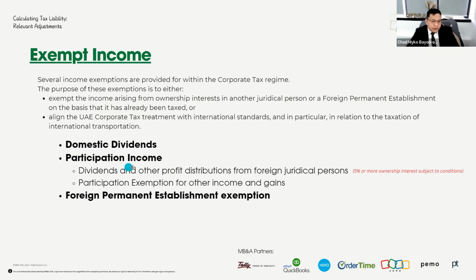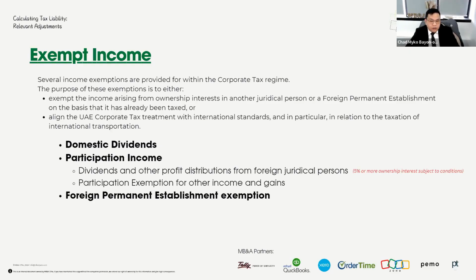While on the participation income, we have to make sure that we have the ownership, or we are a shareholder of the company with an ownership of at least 5% or more. And there are actually conditions.